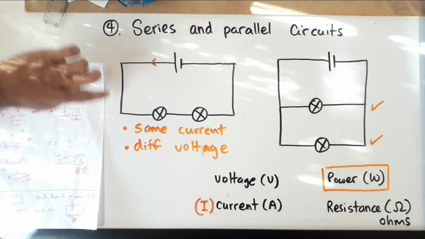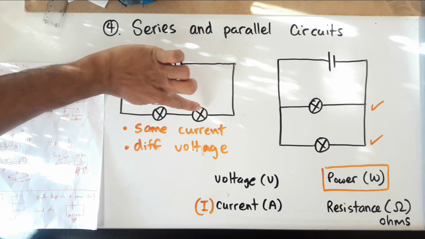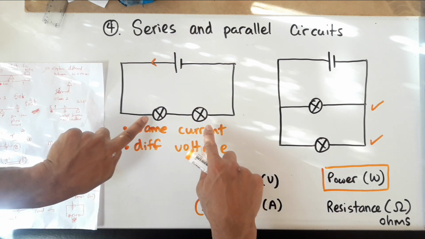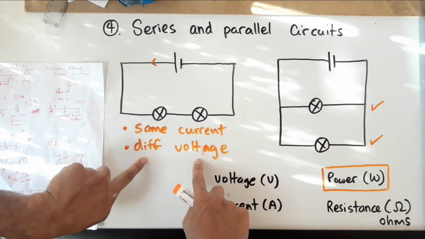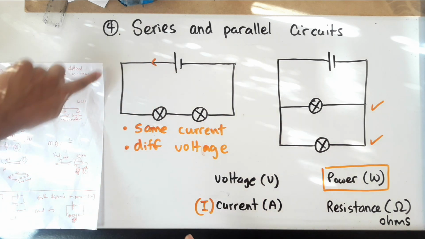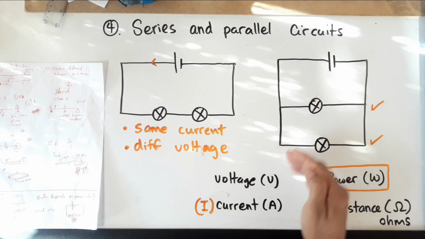Usually in a series, everybody experiences the same current. In this case, if they were the same exact type of lamp, they would get the same voltage. But if this was a different brand of light to this one, they would experience different voltages. In the parallel, it's the opposite.